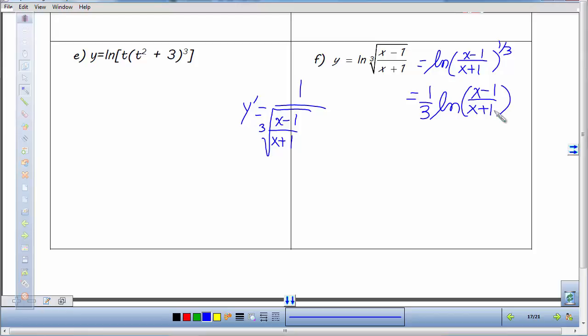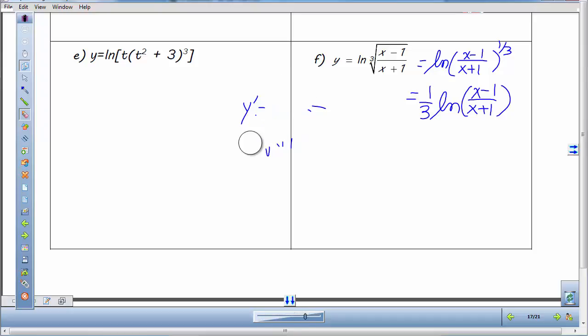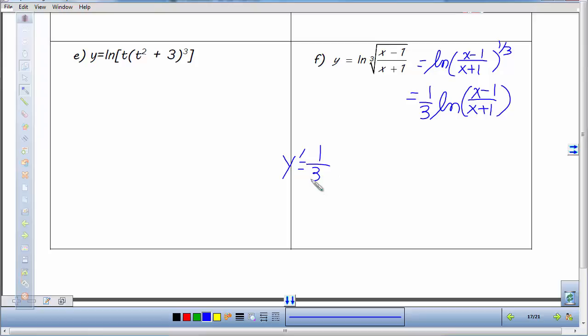So that way, when I start my derivative, it's going to be y prime equals 1/3, which is just a constant multiple, times 1 over x minus 1 over x plus 1. Well, what is that?